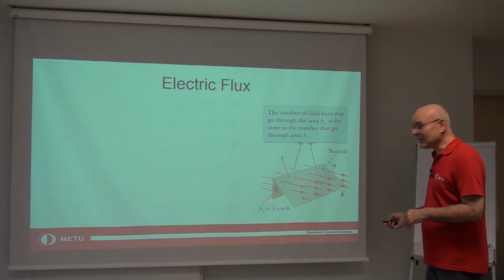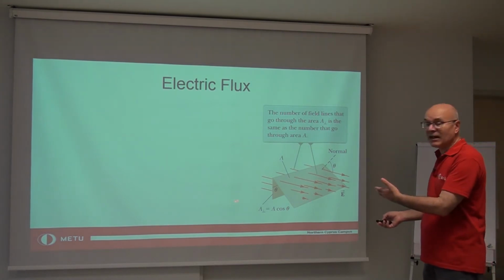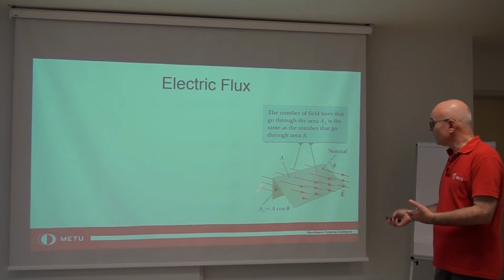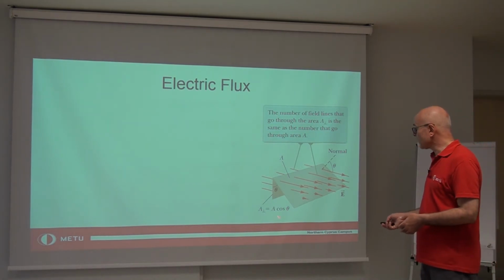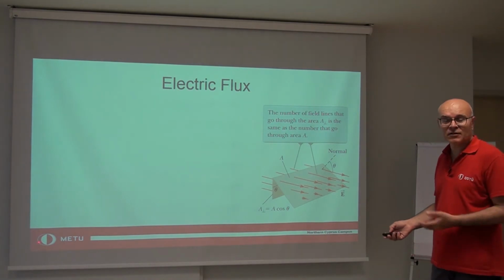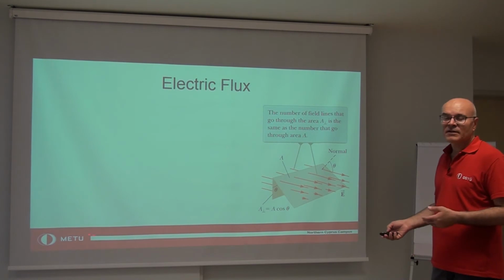This quantity is in general smaller than the area, as you expect. When you project the area into a plane perpendicular to the field, of course it becomes smaller. And cosine theta is also a quantity less than 1, so this is smaller.